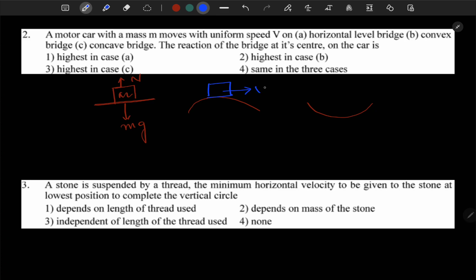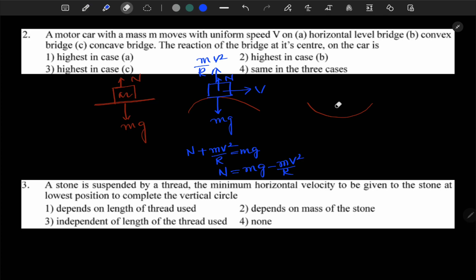When it is moving with velocity v, in addition to the normal force, there is also a force acting away from the center, mv square by r. So if you balance, N plus mv square by r is equal to mg. Therefore N is equal to mg minus mv square by r. This is the normal force in the second case.